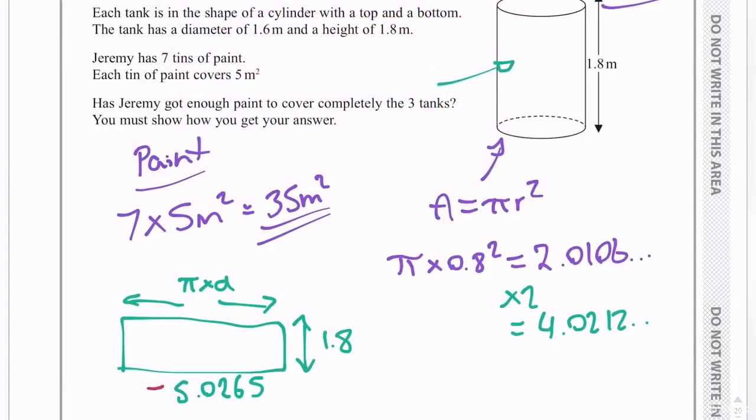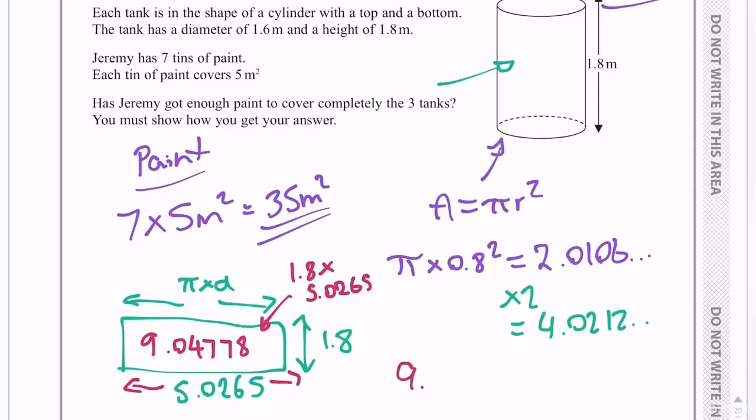Now we can actually work out the area of this rectangle. Multiplying these 2 lengths together, 5.0265 times 1.8, gives us an area of 9.04778. So we've got 2 areas, and we've got to add those 2 together to get the full surface area of this cylinder.